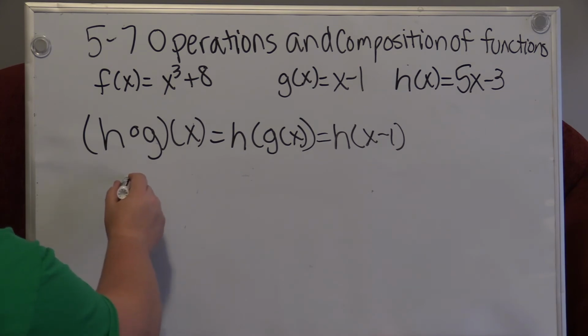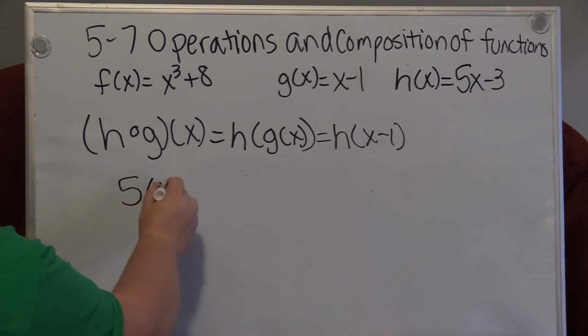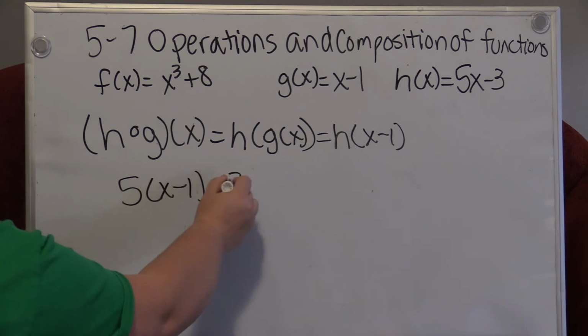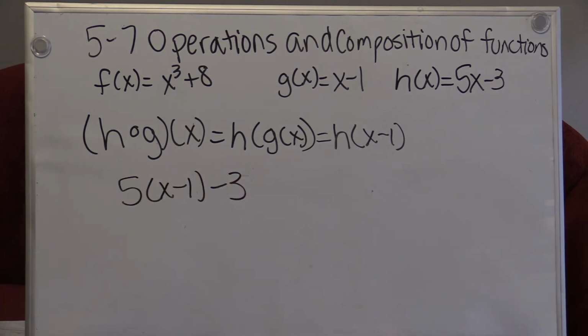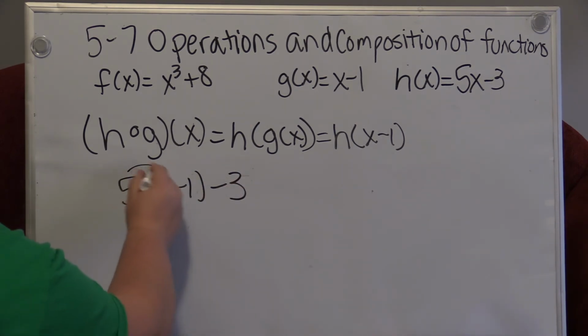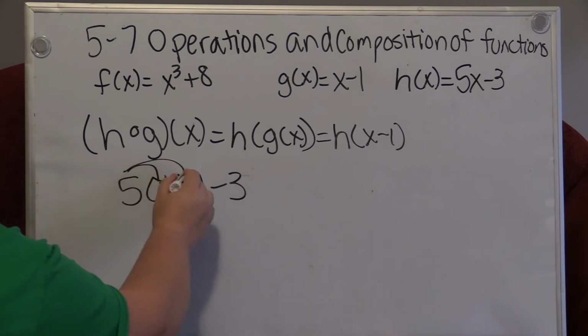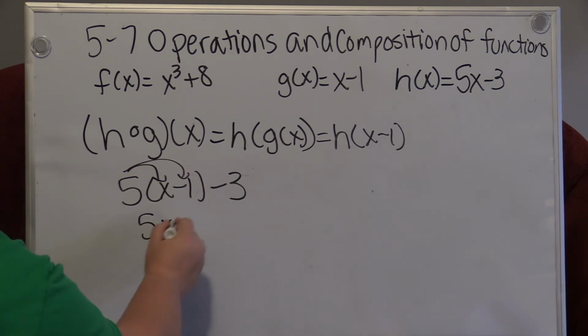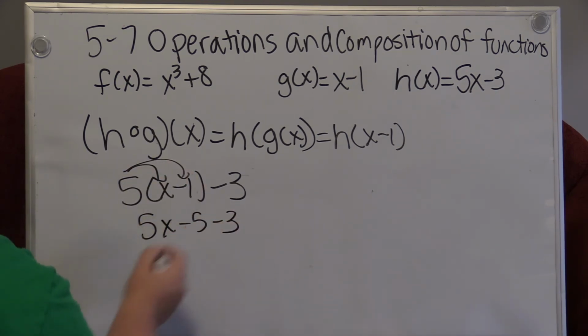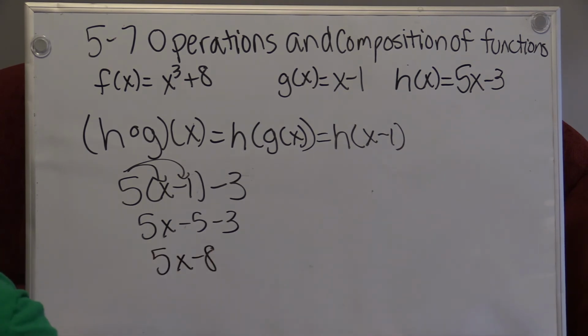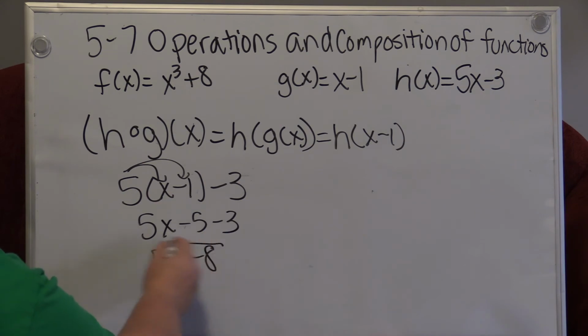So I'm going to say 5 times x minus 1 minus 3. So I'm going to distribute. So I get 5x minus 5 minus 3, or 5x minus 8. And that's my function.